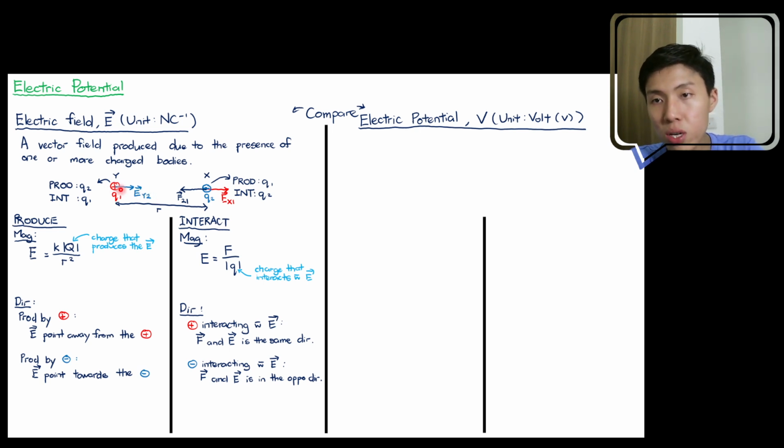Okay, so Q1 is interacting with this electric field. Because Q1 is a positive charge, a positive charge interacting with the electric field, the force and the electric field should be in the same direction. So Q1 will be experiencing a force in the same direction as the electric field. Therefore, you can see that the electric force will be pointing in the same direction.